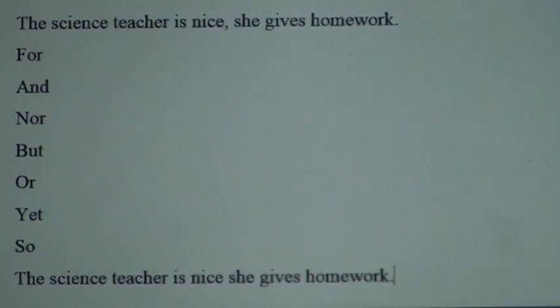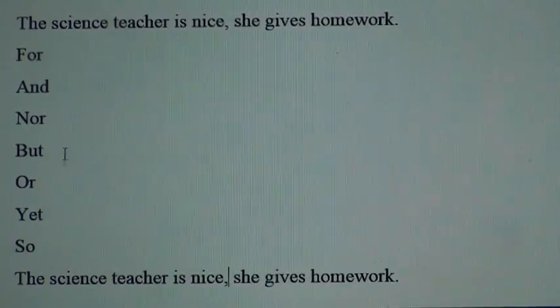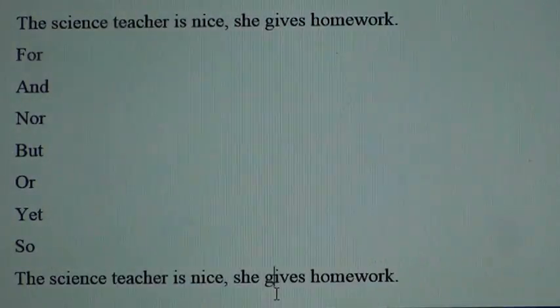We first need to add our comma after the first independent clause. The first independent clause in our sentence is "the science teacher is nice," so we'll add a comma after that. Now we need to add the coordinating conjunction that makes the most sense. Looking from here, I would feel that "but" makes the most sense because it is a contrasting conjunction.